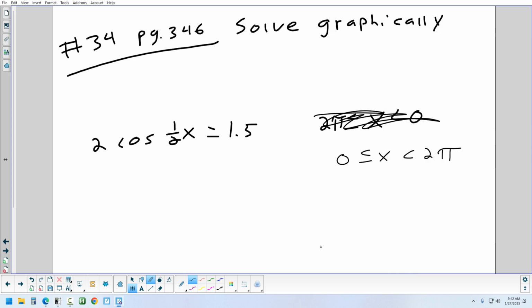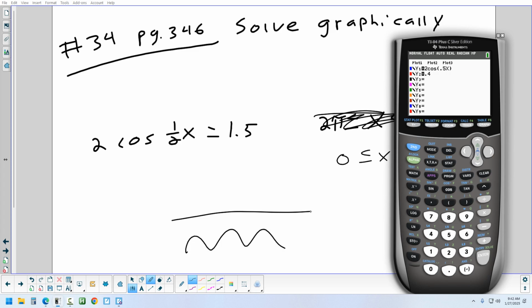How could they not cross at all? It was higher than the wave. Yeah, so if the wave is higher or lower than the line, well, then they don't cross. So we've got 2 cosine 0.5x. Now, normally, would the cosine function hit a horizontal line at 1.5?